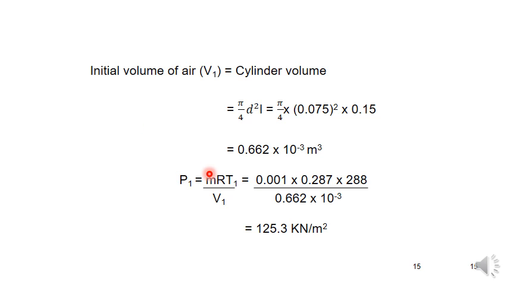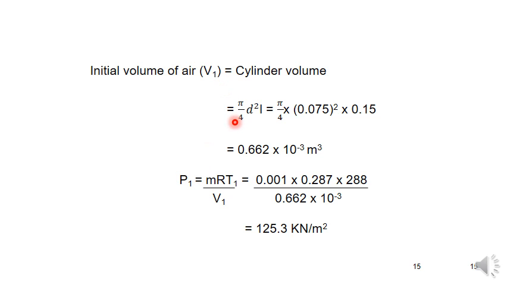By using the relation PV is equal to MRT1, P is equal to MRT1 by V1. Substituting all the values in the ideal gas equation we will get the P1. So from the cylinder volume we got the V1 value, and from the ideal gas equation we got the P1 value.